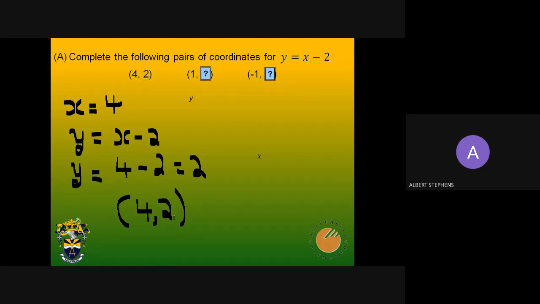So what I want you to do is to find the corresponding value for y when x is 1, and find the corresponding value for y when x is negative 1. I'm going to give you 2 minutes to do that, or even 1 minute.